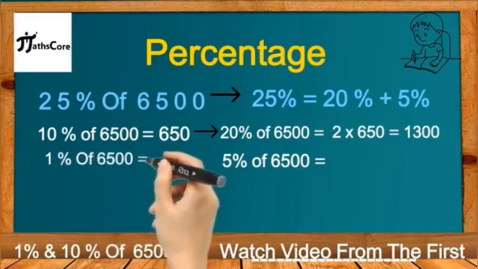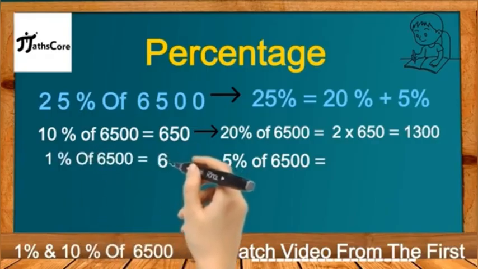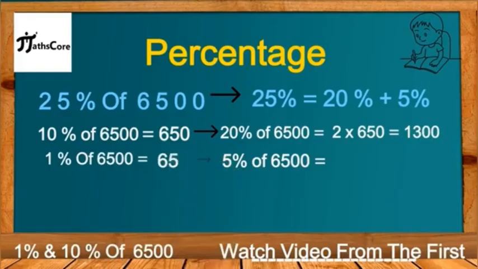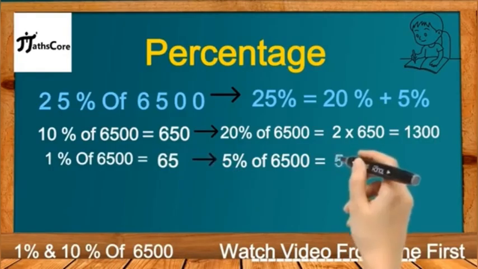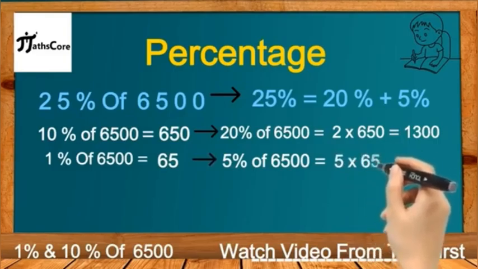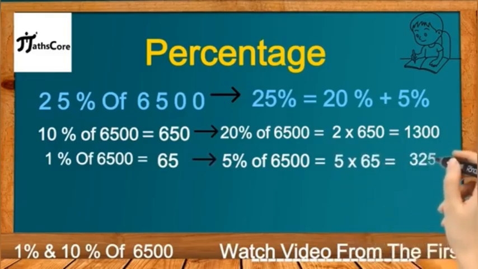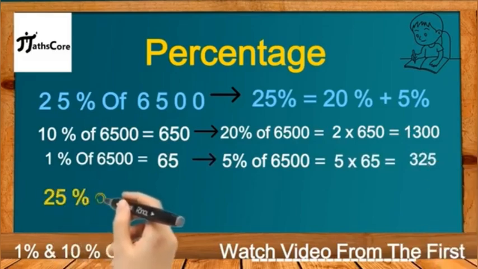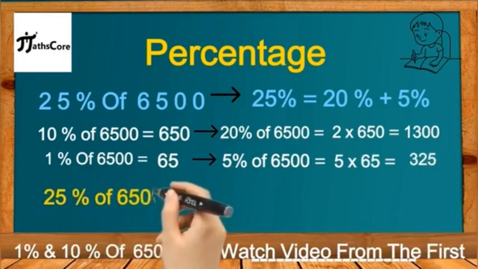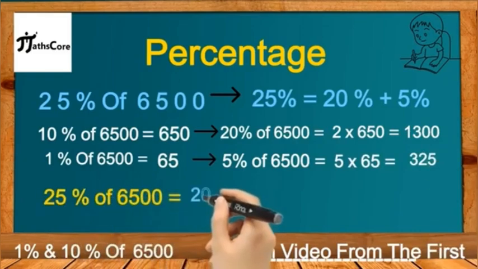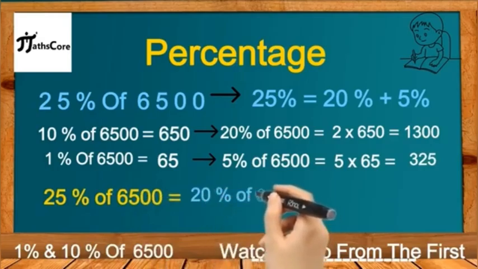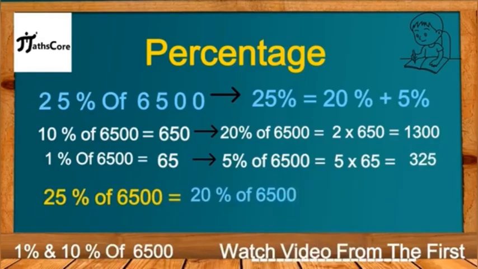Now 1% of 6500 is equal to 65. To find out 5% of 6500, we need to multiply 5 with 1% of 6500, which is 65. So 5 multiplied by 65 is equal to 325. Now to find out 25% of 6500, we need to add 20% of 6500 plus 5% of 6500.